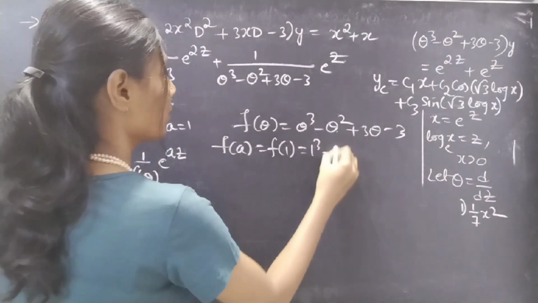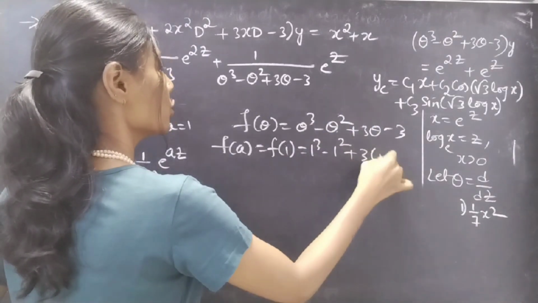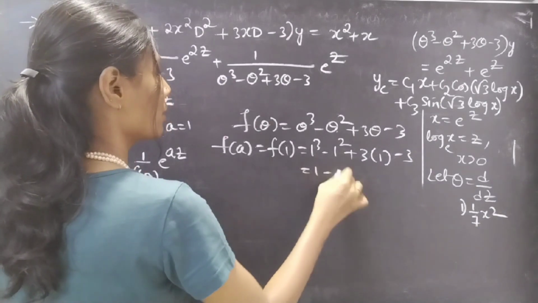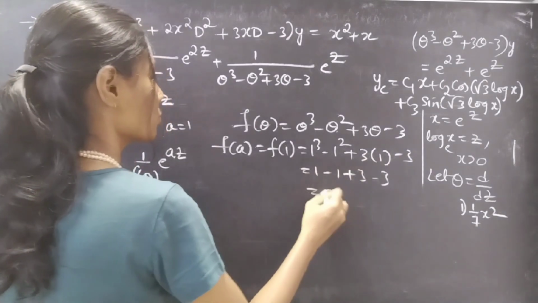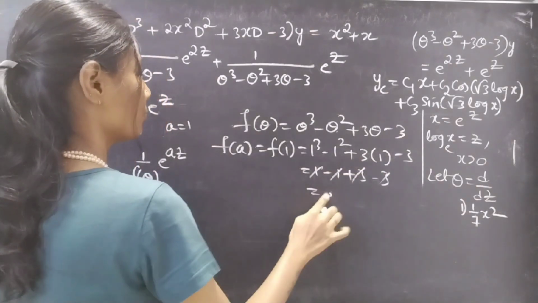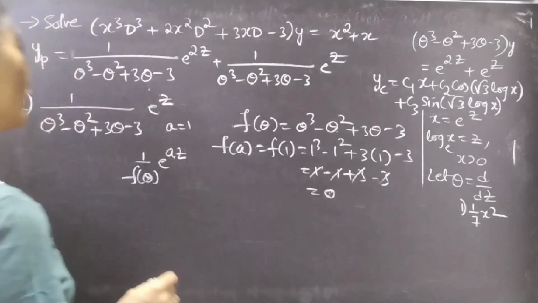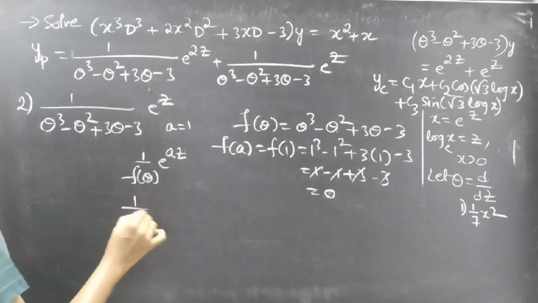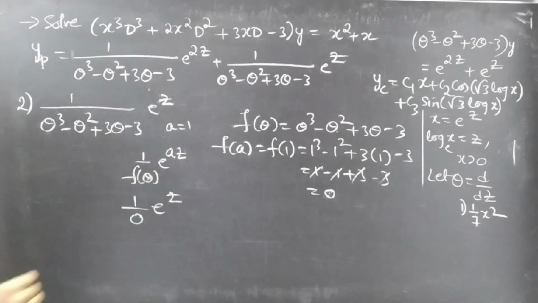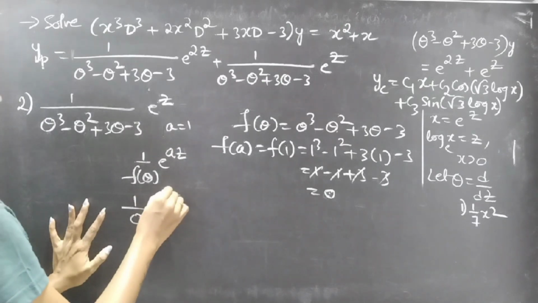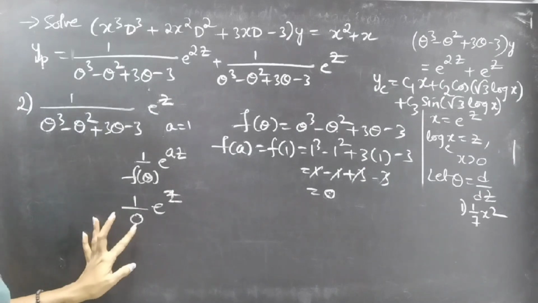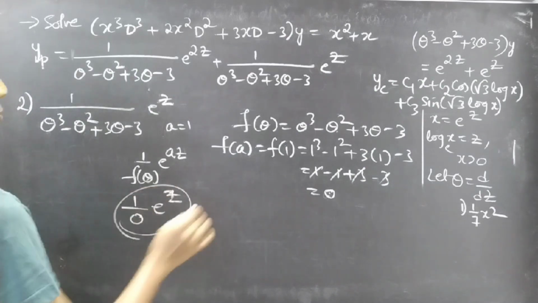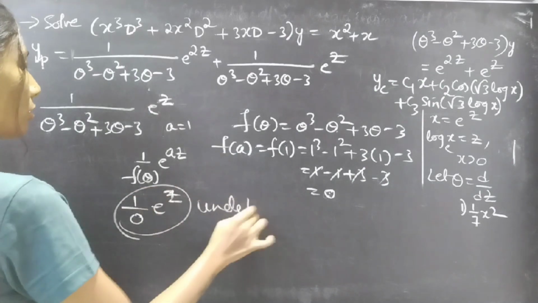We'll get 1 cube minus 1 square plus 3 into 1 minus 3, which equals 1 minus 1 plus 3 minus 3, which equals 0, right? So by replacing theta by 1, we get the denominator 0. We'll get something like this, so we should not replace theta by 1 here, because 1 by 0 is undefined, so the total term becomes undefined.